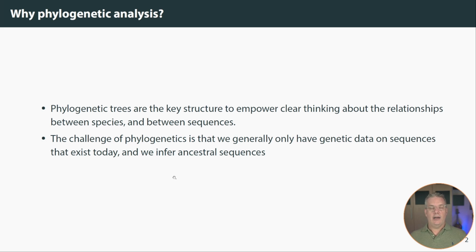Secondly, we have to keep in mind that when we work with phylogenetic analysis, when we work with sequence data, most of the time we only have sequence data of living species or relatively recently extinct species, and we infer aspects of ancestry.